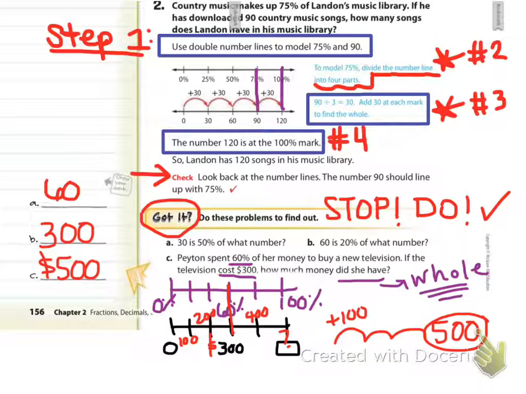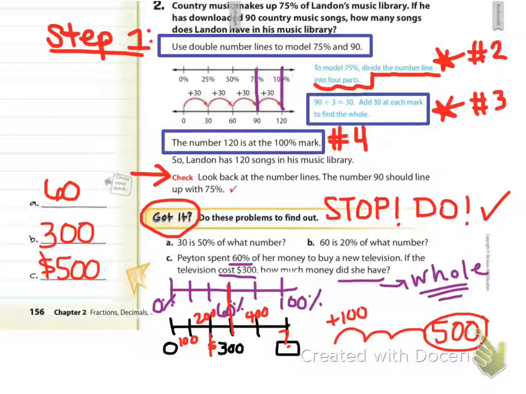Since you know that 75% matches with 90, you can see on the bottom number line that I've drawn my purple line to show you 75% matches with 90.